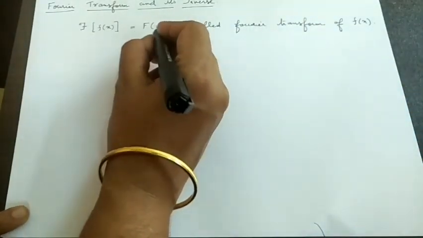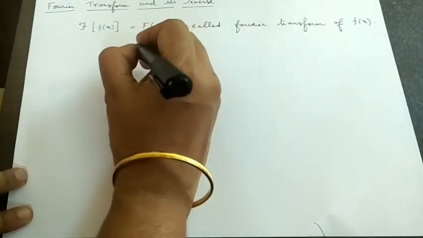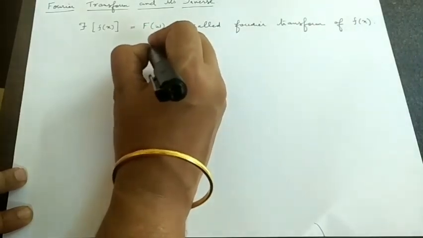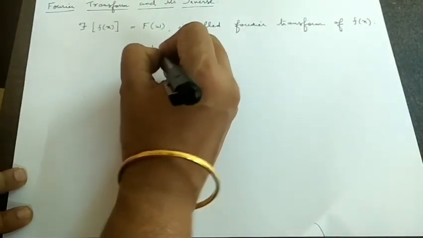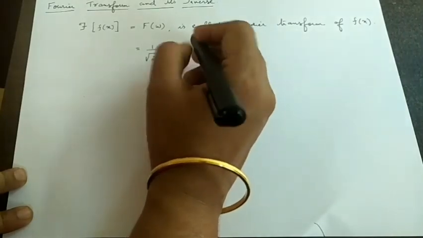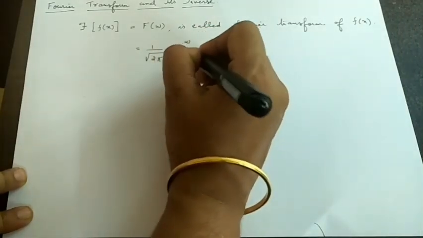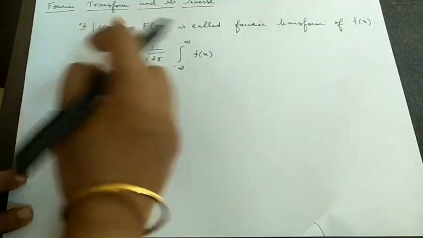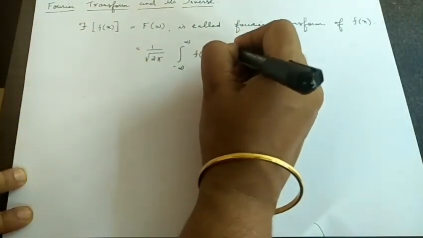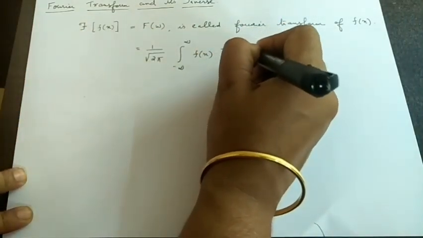Now this F omega or the Fourier transform of f of x is equal to 1 by root 2 pi integral from minus infinity to infinity f of x, the same f of x, e raised to minus i omega x dx.